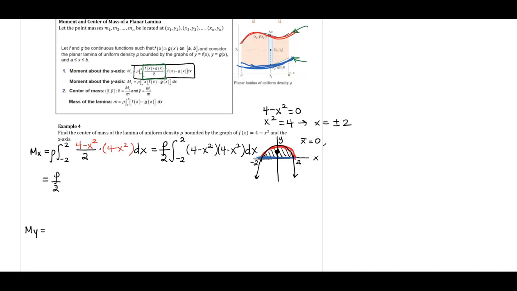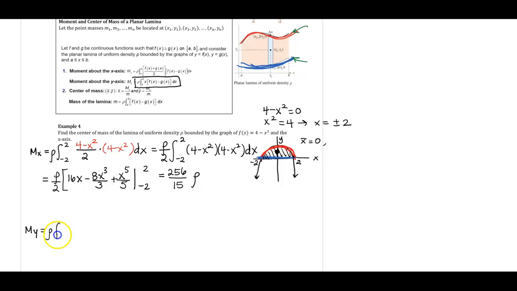And once we apply the power rule for integration, we will have 16x minus 8x to the third divided by 3 plus x to the fifth divided by 5. And we will evaluate that from -2 to 2 to get 256 divided by 15, and that's still multiplied by rho.